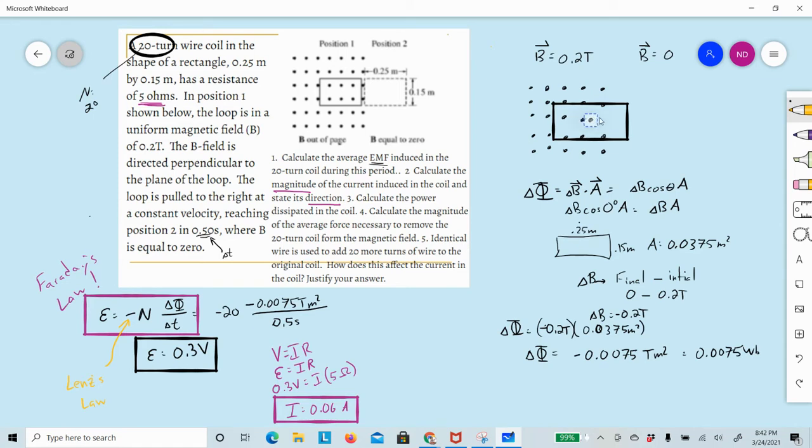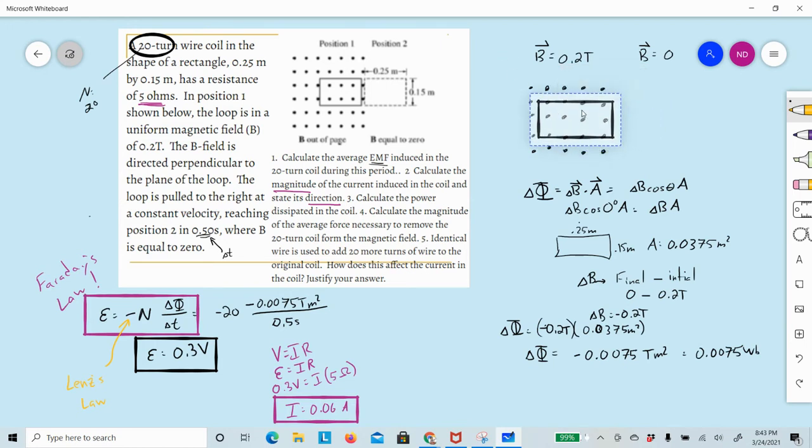So right now, this thing has magnetic flux out of the screen. It wants to keep magnetic flux out of the screen. That's what those dots mean. It means the magnetic field is out of the screen. It wants to keep it that way. Lenz's law says that this thing will resist changes in magnetic flux.